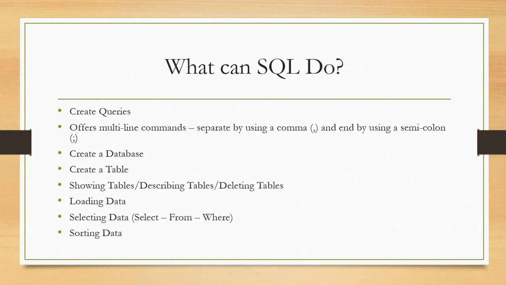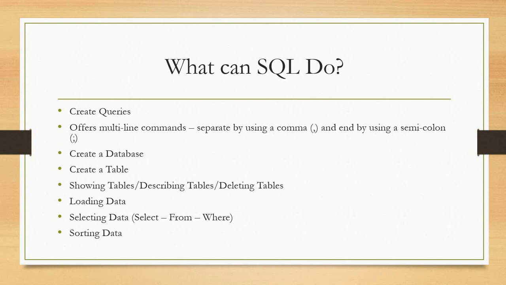So what can SQL do? Well, you can create queries. You can utilize multiple statements at the same time with your commands. You simply separate them by a comma, and like a lot of programming languages, a semicolon at the end to indicate your command or statement is complete.